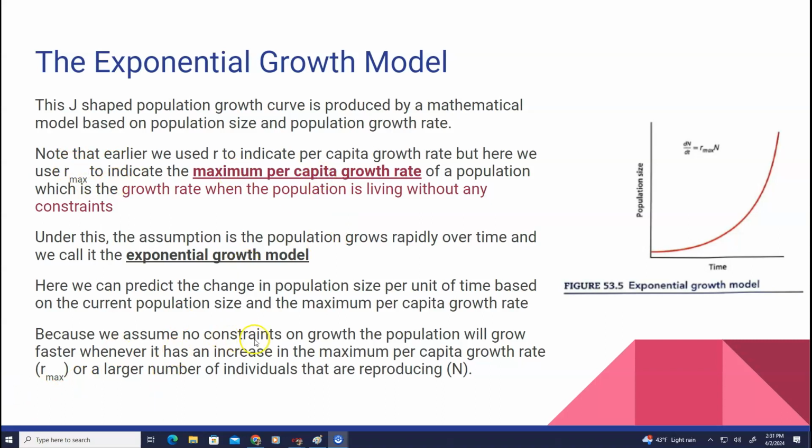Because we assume no constraints on growth in this exponential growth model, and obviously this isn't typically how it goes, the population will grow faster whenever it has an increase in the maximum per capita growth rate or a large number of individuals that are reproducing.